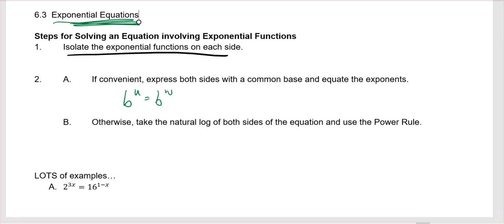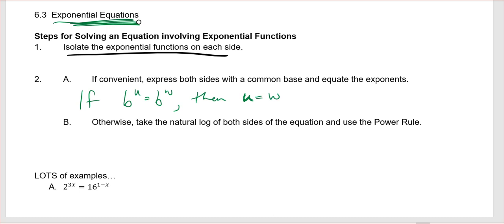If I've got two bases that are the same, being raised to different or possibly different exponents, and that's true, then those exponents have to be the same. And this came exactly from the fact that the exponential function was one-to-one, right? So this is just another way to phrase what one-to-one means.